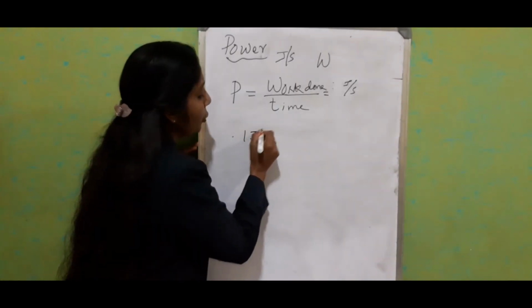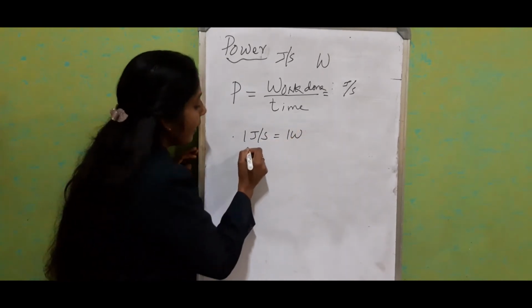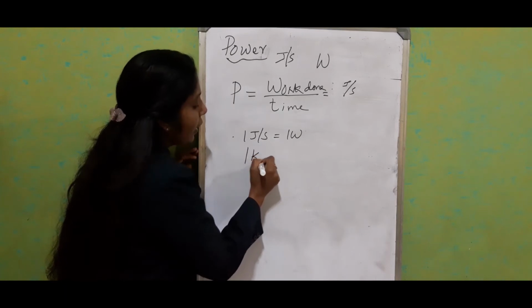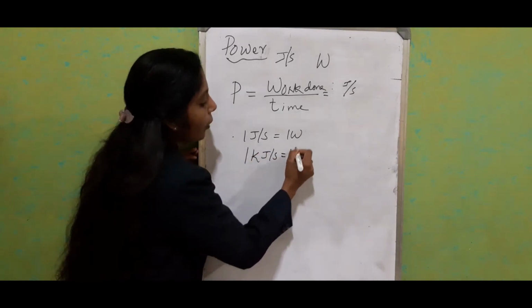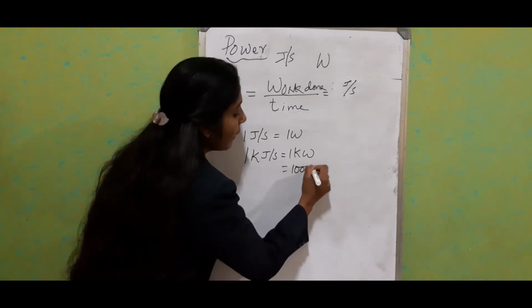Now let's see the bigger units of power. 1 joule per second is equal to 1 watt. In the same way, 1 kilojoule per second is equal to 1 kilowatt, that means 1000 watts.